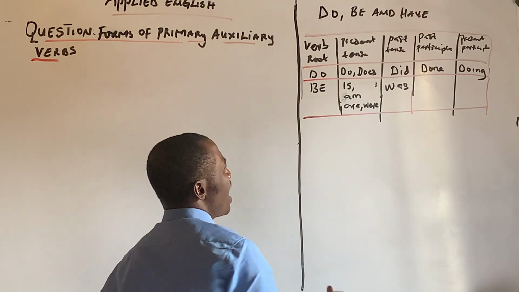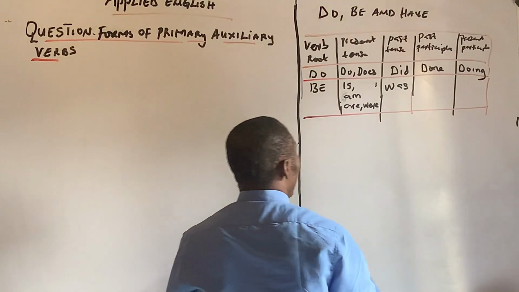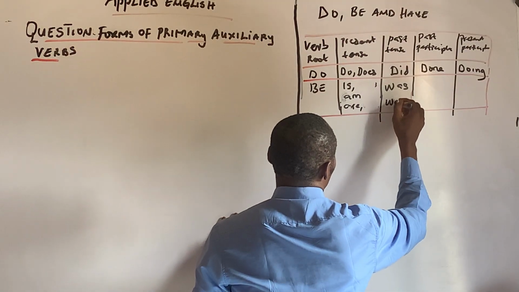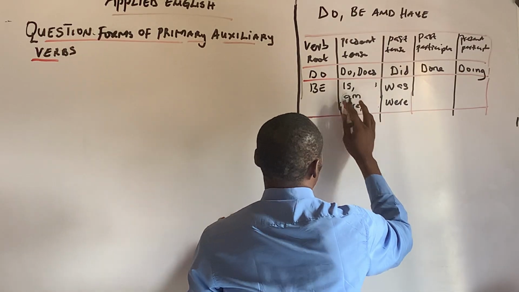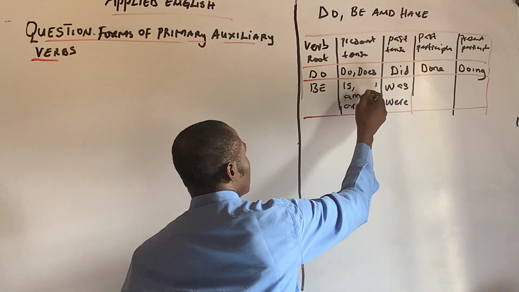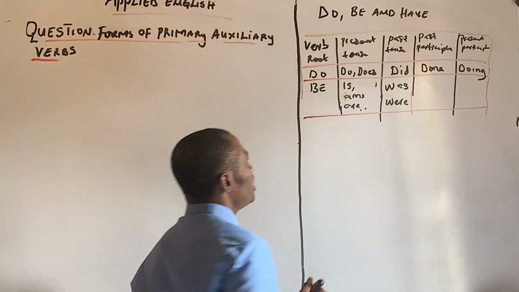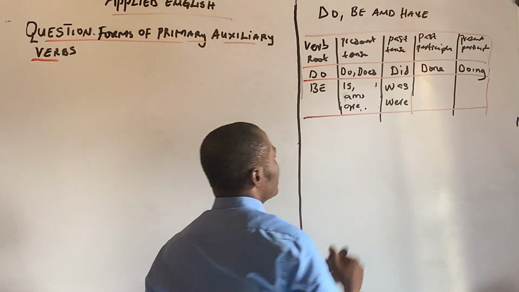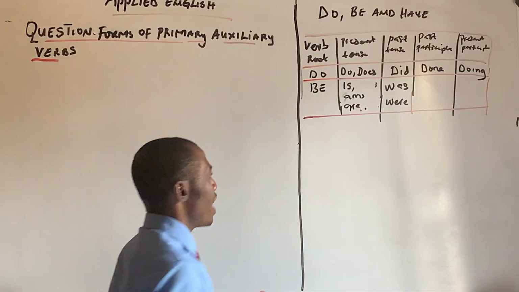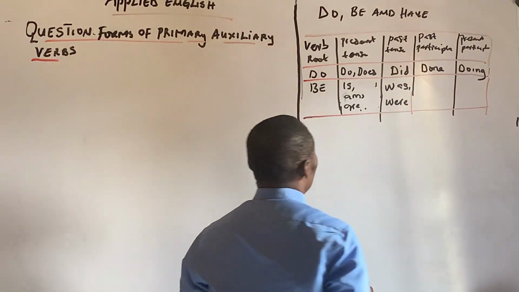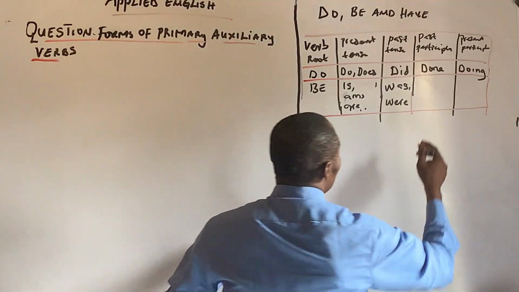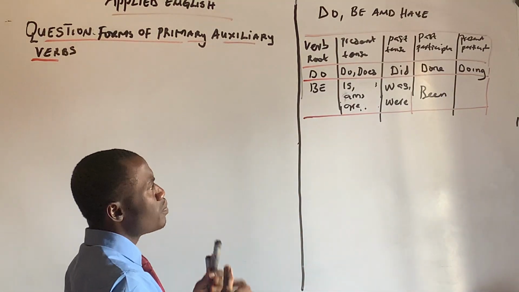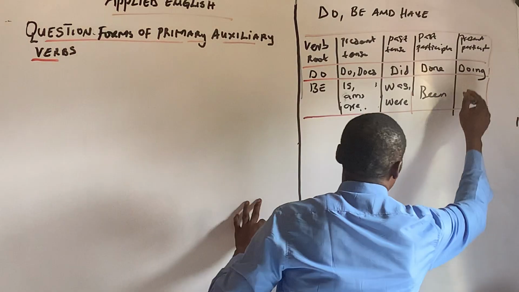The past tense of are is were. So I'm going to take were to the other side. Over here in the present tense, I have is, am, and are. In the past tense, I have was and were. Now, the past participle is been. The present participle is being.